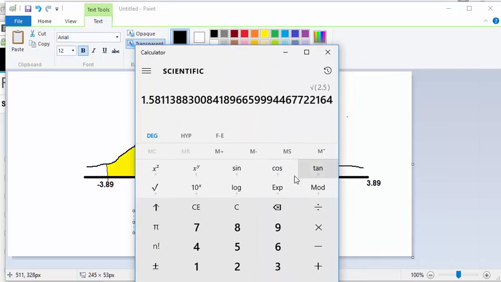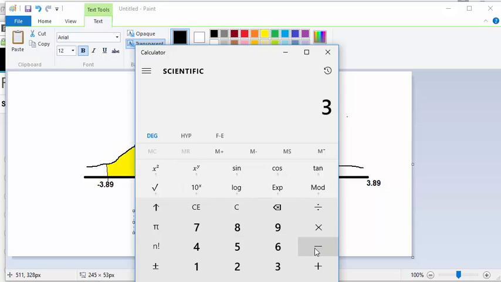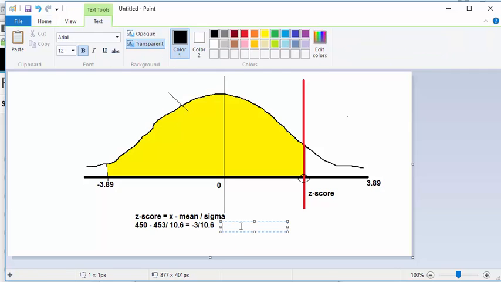Let's do that. Negative 3 divided by 10.6, the standard deviation, gives us negative 0.283.